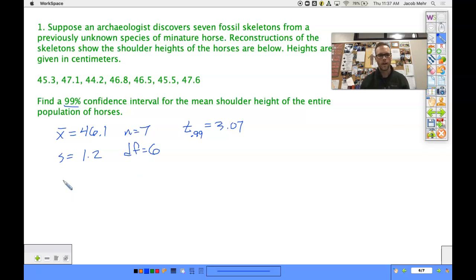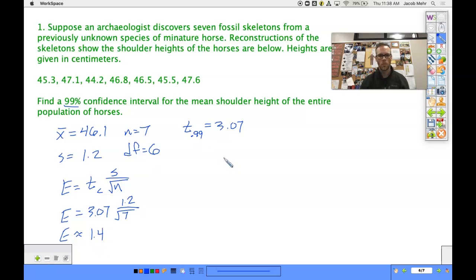Now we're ready to calculate our error. And recall our error is our critical t-score times our sample standard deviation over the square root of n. So for us, this is 3.707 times 1.2 over the square root of 7. So we get an error of about 1.4.